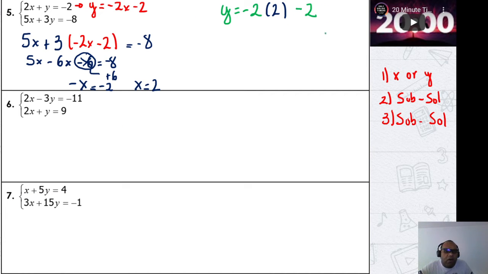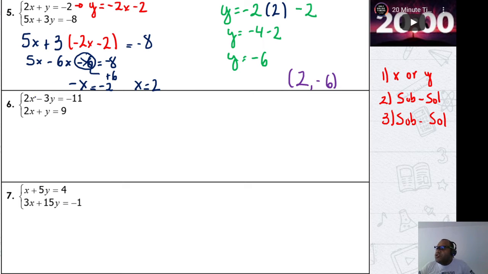Negative 2 times 2 is negative 4. y equals negative 4 minus 2. Negative 4 minus 2, y equals negative 6. And here is my point: my x, 2. My y, negative 6. Done. Pretty simple.